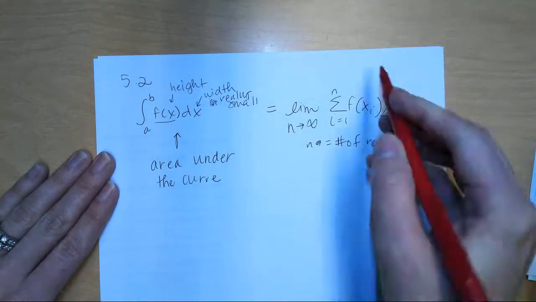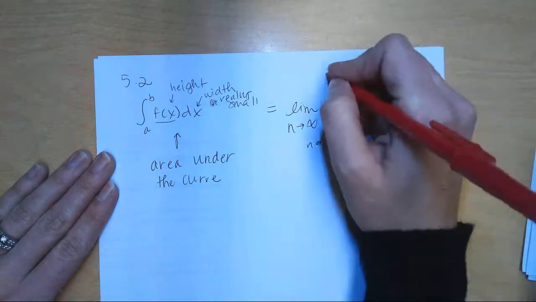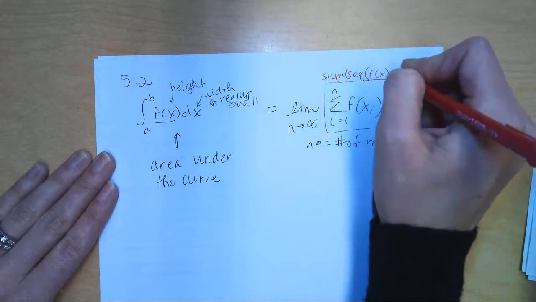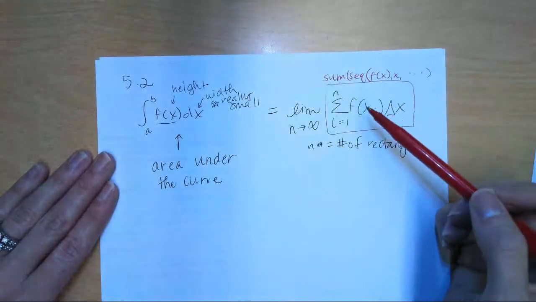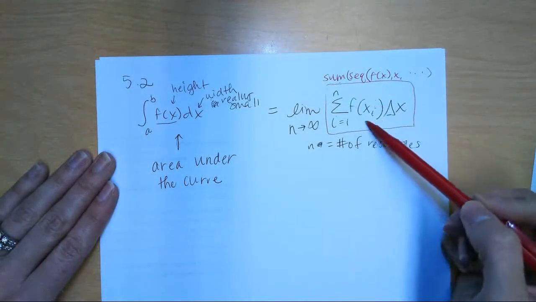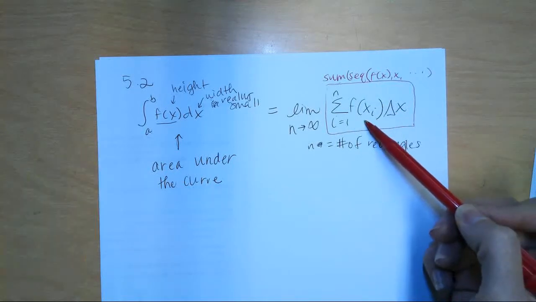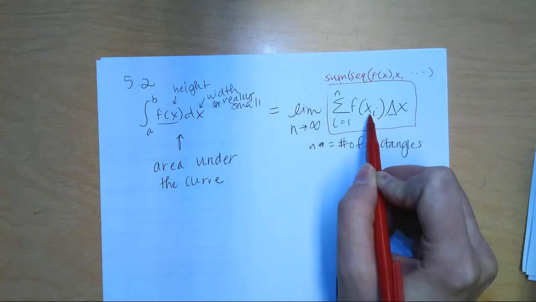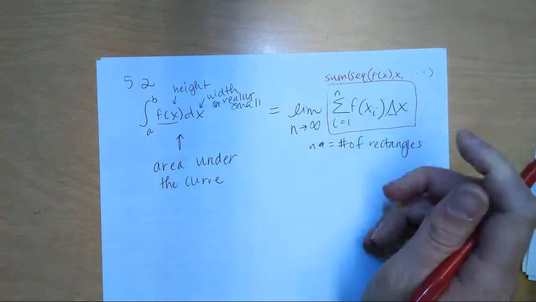Okay, this part right here is the same thing that we were putting in the calculator as sum, sequence, f of x, start, stop, all that. This is sequence notation. So basically what this is saying is we're going to put our sequence terms into the function. And that's what we do when we evaluate these. Think about your calculator when you put all this stuff in, and we talked about how it's just your calculator spitting out numbers.